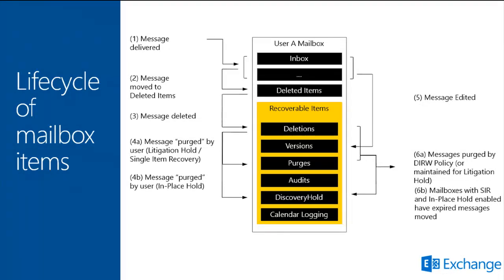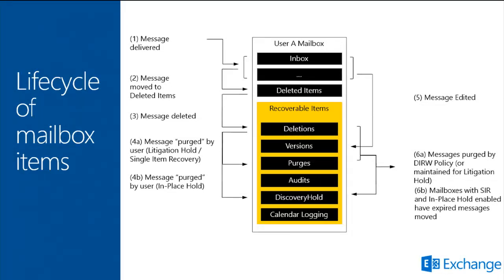Yes? The versions folder, is that used for any time a message is edited or something? Or is it only if he's on litigation hold? It's only when he's on litigation hold or single item recovery. Yeah, any of those two scenarios. The only difference is single item recovery is only going to retain it till the deleted item retention period. That is when typically you would have allowed the user to recover a deleted item.